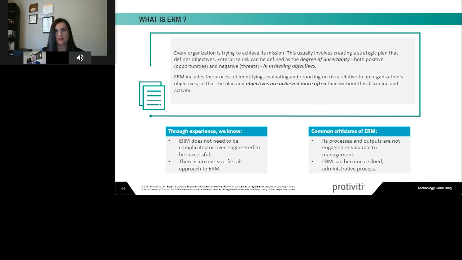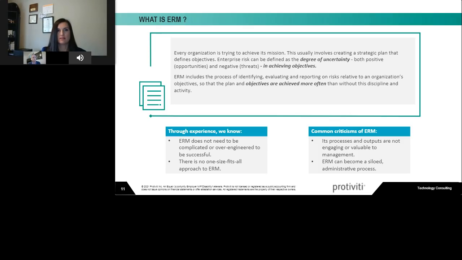It doesn't have to be a one-size-fits-all, and even though it's not overly complicated, it can still provide meaningful, valuable information to executives. And if we think about that last slide, we see that all organizations, and I would think that you would encounter this in your daily life too, have some sort of goal or objectives that they want to achieve, right?